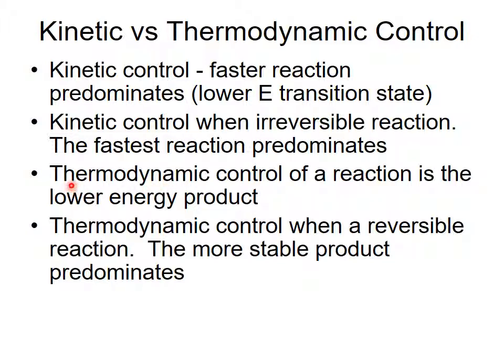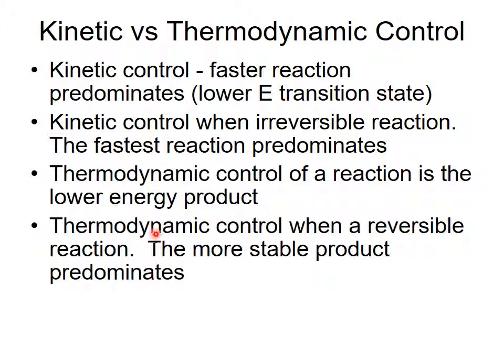But if we want the bromide to travel to the other end of the molecule to give us the lower energy product, what we do is we hold the reagents in reaction situation longer so that that lower energy product has time to form.